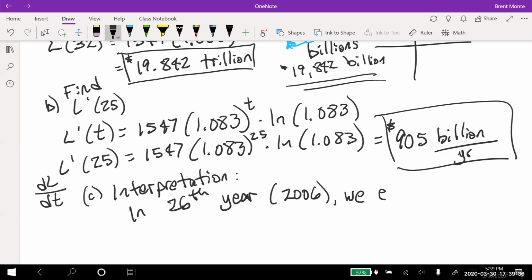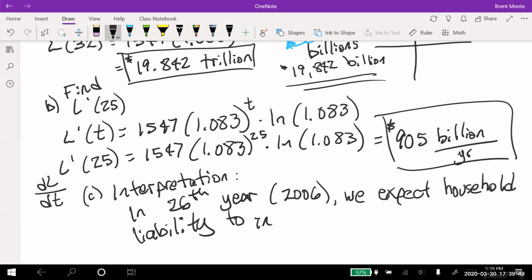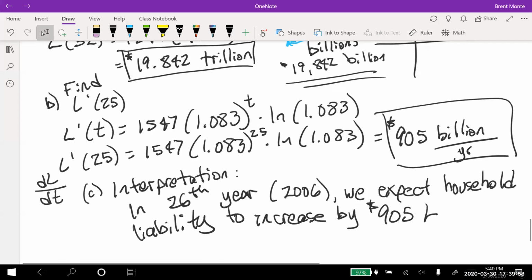We expect household liability to increase, because it's positive, by $905 billion.